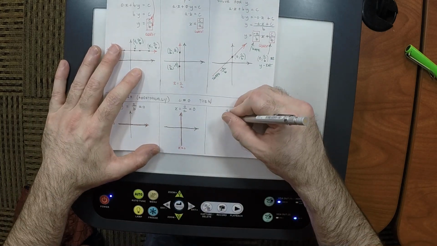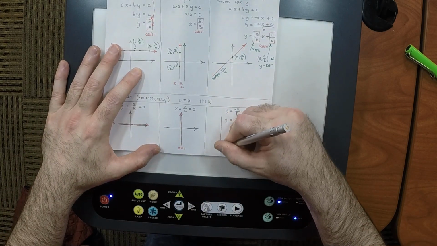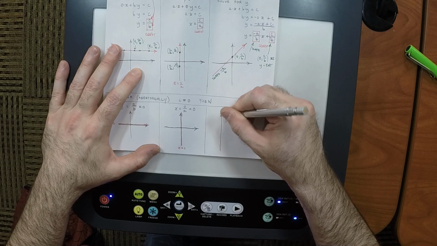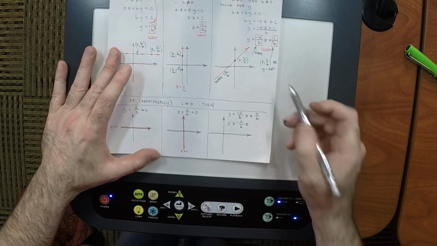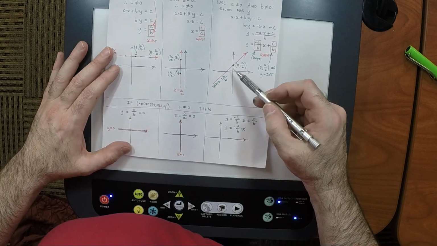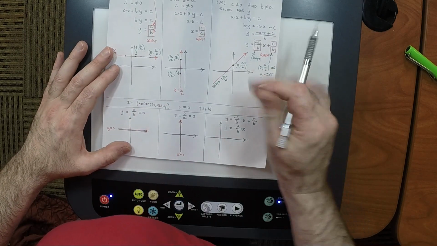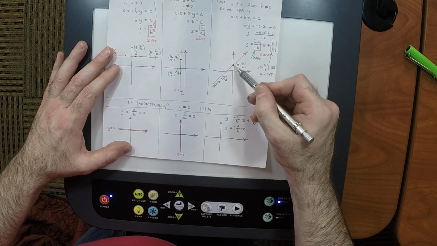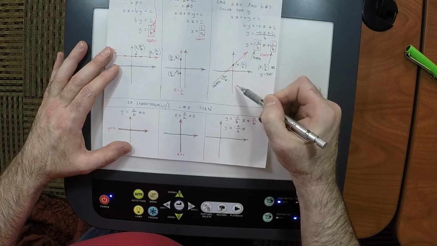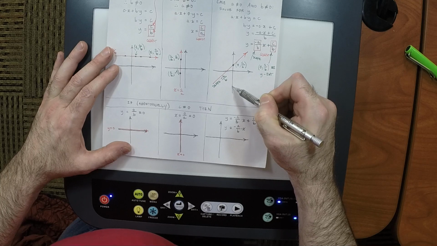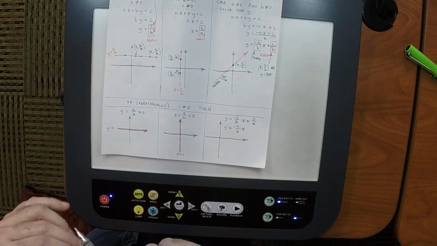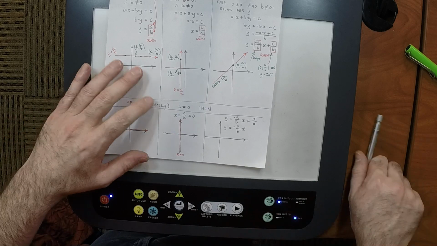Then in this case, we said that if c over b is positive, the y-intercept will be up here. If c over b is negative, the y-intercept will be down here. So if c over b is exactly 0, where will the y-intercept be? At the origin.